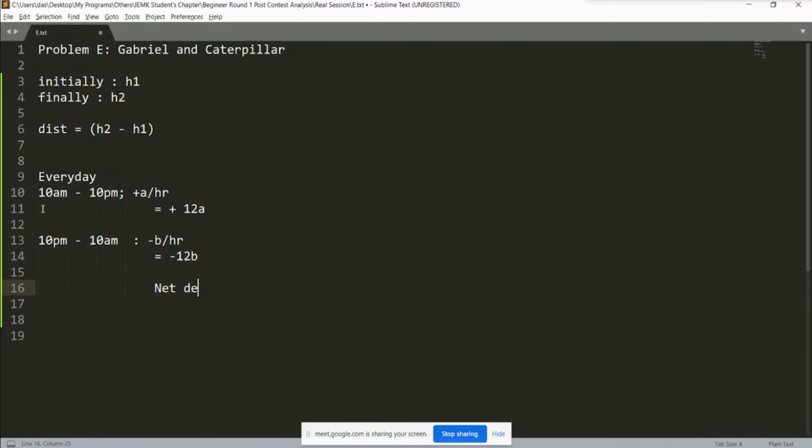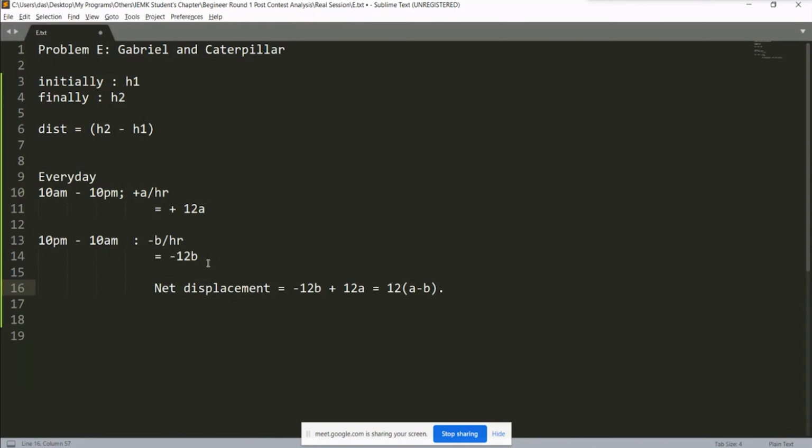So the net displacement is, first it would fall down by 12b, and then it would gain 12a units. So that is 12 times (a minus b).